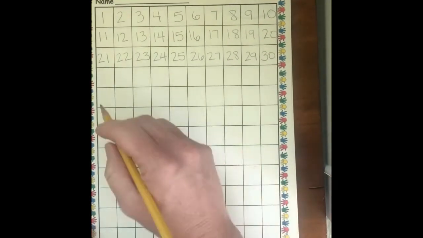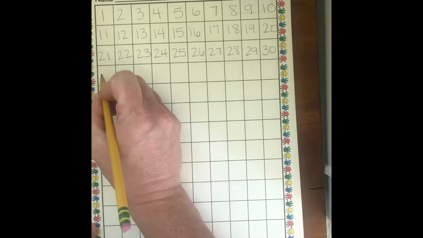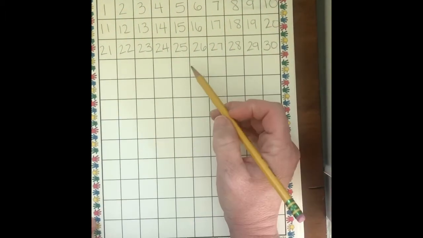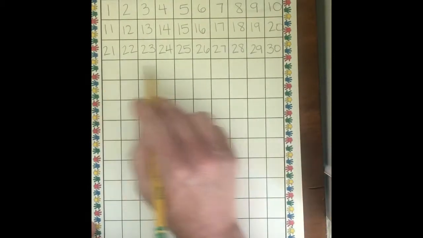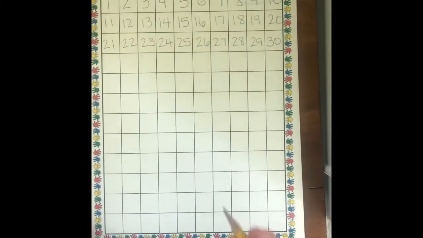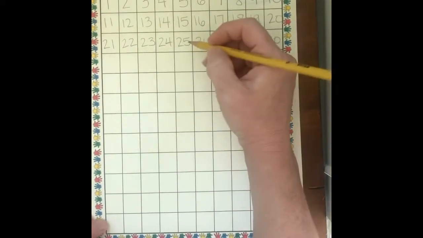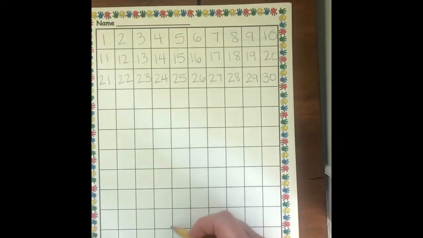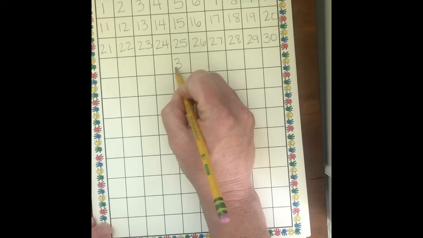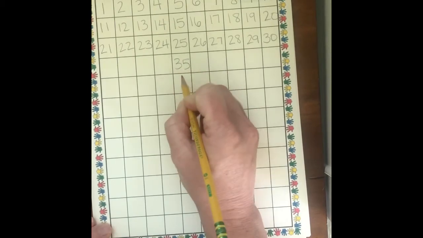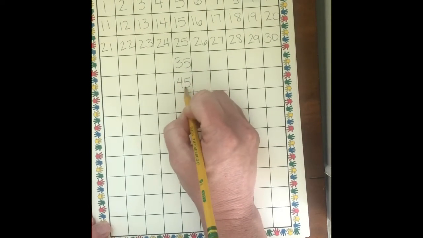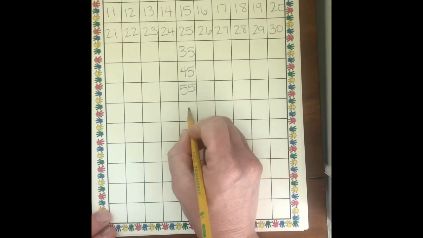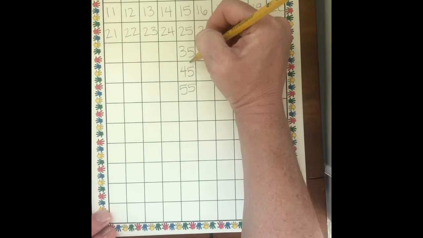So as you're writing your hundreds chart, now that you've noticed this pattern, instead of filling out every row, you could decide, oh, I'm going to fill out, say, this column of 5s in the ones place, and I could just come straight down and write 35, and then 10 more would be 45, then come down 10 more would be 55. Do you see how the ones are staying the same?